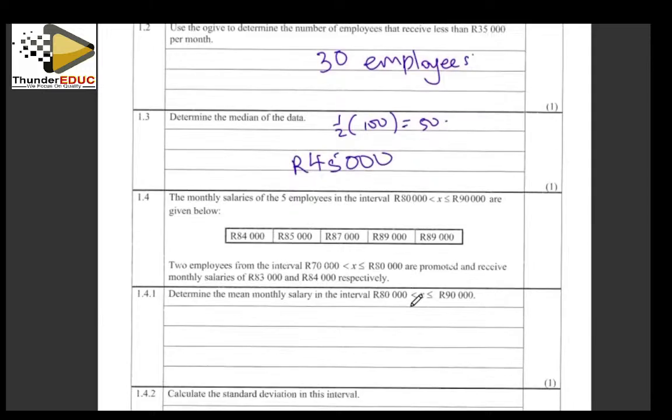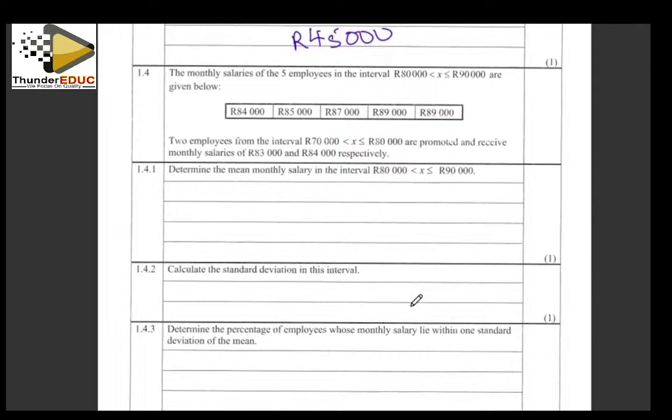Okay, 1.4. They're telling us that the monthly salaries of 5 employees within this interval are listed below. Then 2 employees from one other interval were promoted and are receiving 83,000 and 84,000. Then the question is asking for the monthly mean.